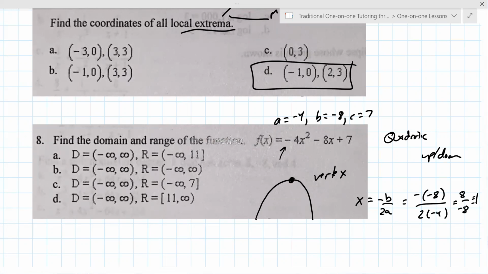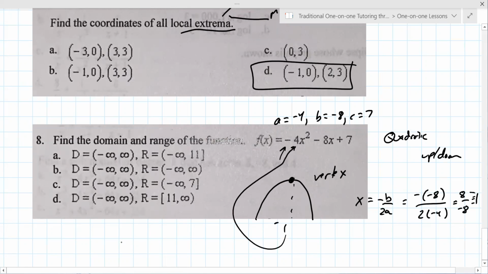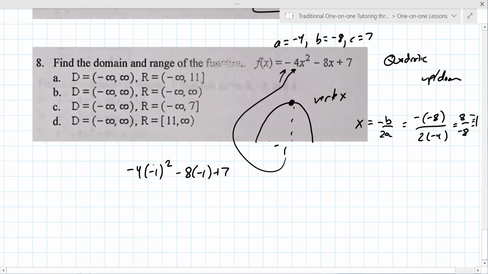But that's only the x coordinate. You really need the y coordinate of the vertex. So you take that value of -1 and put it back in. So it's -4 times -1 squared minus 8 times -1 plus 7. When you simplify this, you get -4 plus 8 plus 7, and that equals 11.